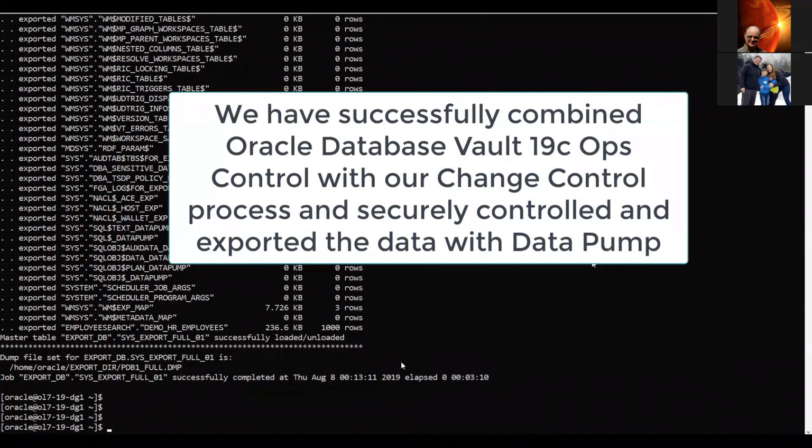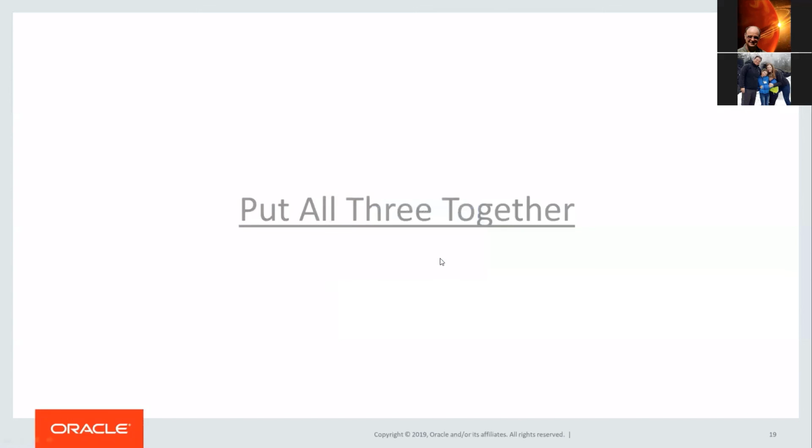And we were successful. So we've successfully combined Database Vault ops control, our command rules, our change control process, and Data Pump all together. So we're working really well in our now extra secure, super secure, highly secure Database Vault environment.